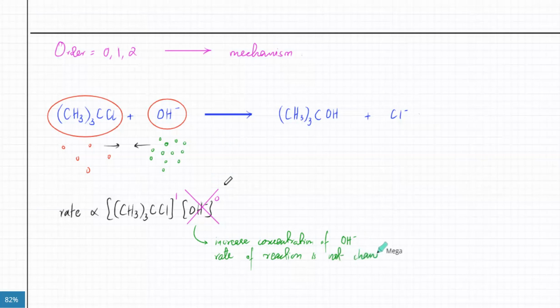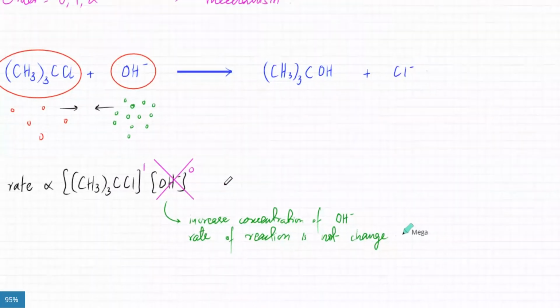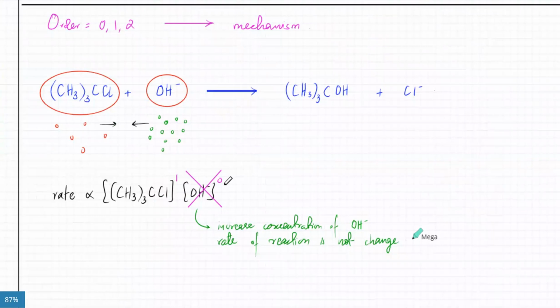It does not change. Now the whole point is that all your life you've studied that increasing the concentration speeds up the reaction. So over here we're increasing the concentration, but order 0 means it's not speeding up.